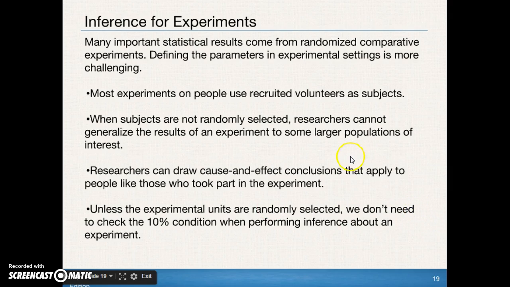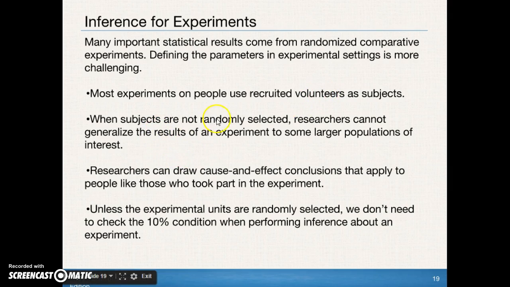So then again, after you run your test, things to think about. Many important statistical results come from randomized comparative experiments. So again, make sure you always define your parameters, and it gets harder. Most experiments on people recruit volunteers. So that means that we will have to randomize how they are used.